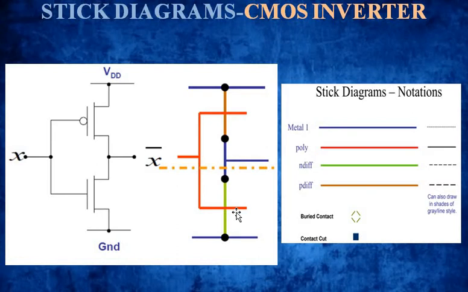So for the contact of your input terminals, we have a layer of polysilicon. Polysilicon is shown in the red color. So I have one polysilicon layer for P diffusion, one polysilicon layer for N diffusion, and they both are interconnected. From here you will be giving your input voltage.